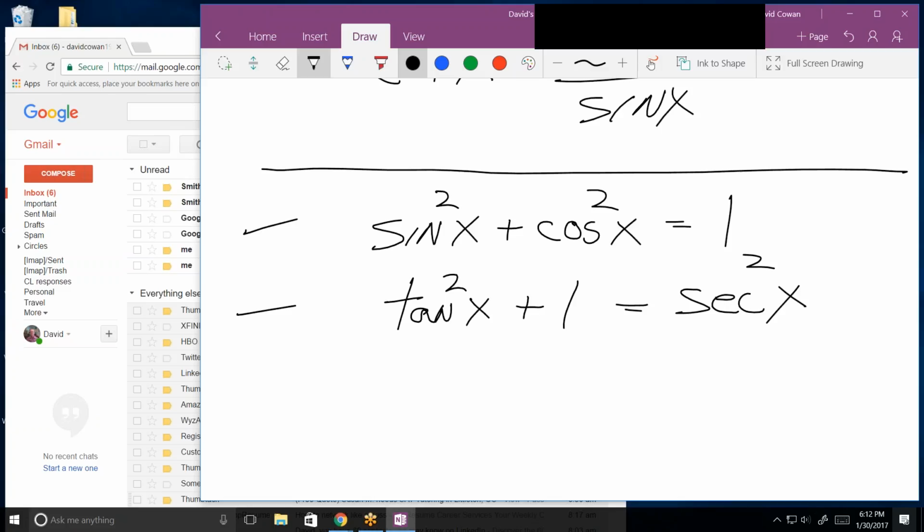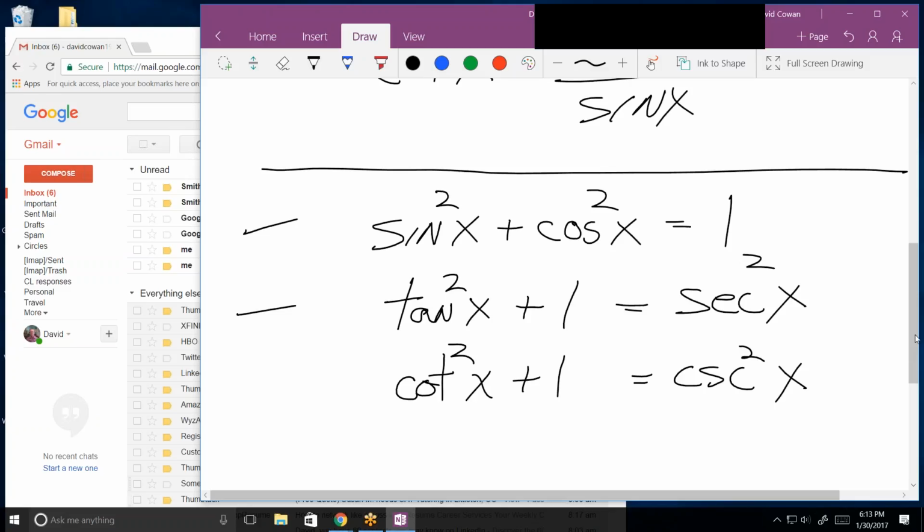There's a third one that you can always figure out from the second one. And that is if I take the cofunction of tangent, which is cotangent, not the reciprocal, but the cofunction, that's also equal to the cofunction of secant squared, which is cosecant squared. In other words, you can always figure out this third one from knowing about cofunctions.